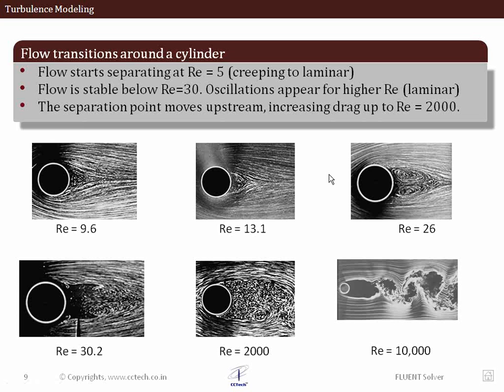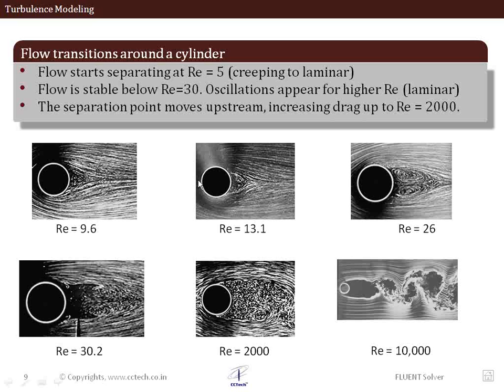Another very important example is flow around a cylinder. It's a two-dimensional view that you can see here, and for a lower Reynolds number, you can operate in the creeping flow, but above this you are slowly entering the laminar flow regime. In the creeping flow regime, the flow sticks entirely to the surface of the cylinder, so there is no flow separation at all. But beyond the creeping flow, in the laminar regime already there is a flow separation.